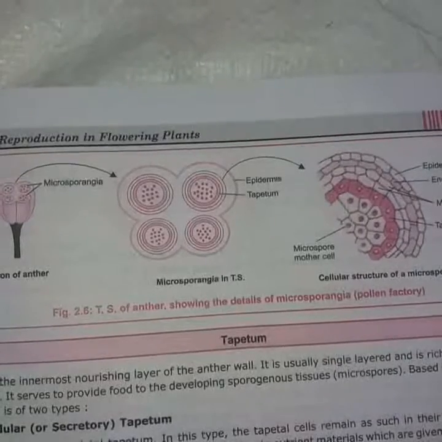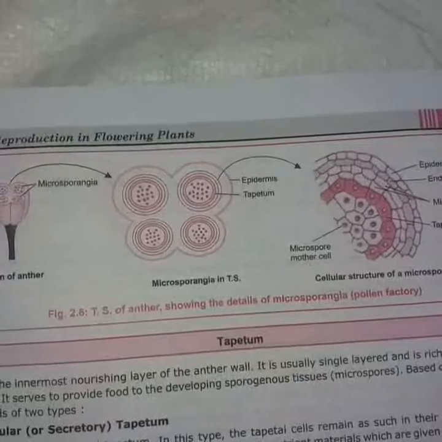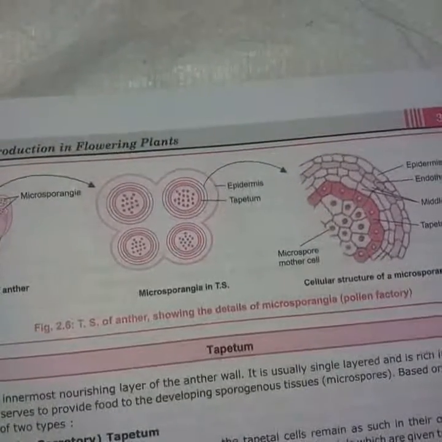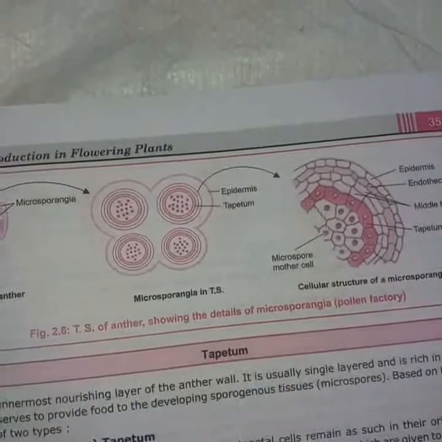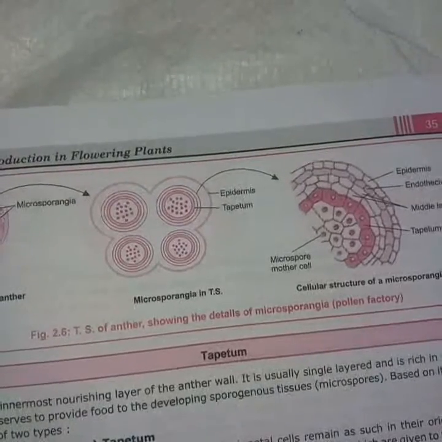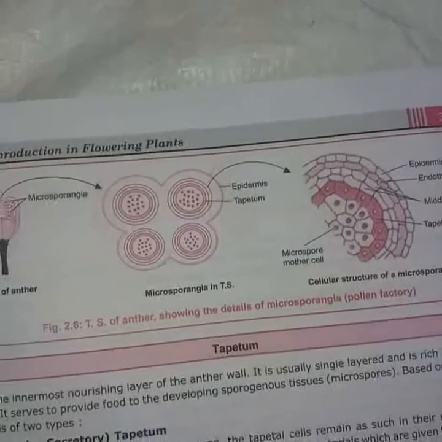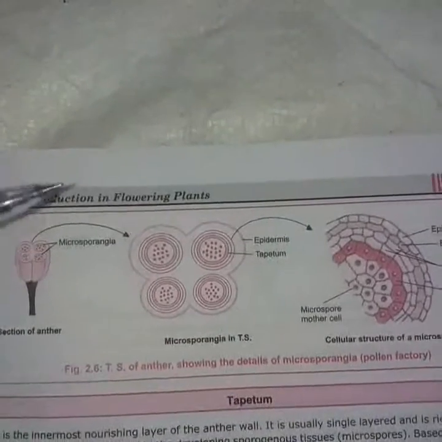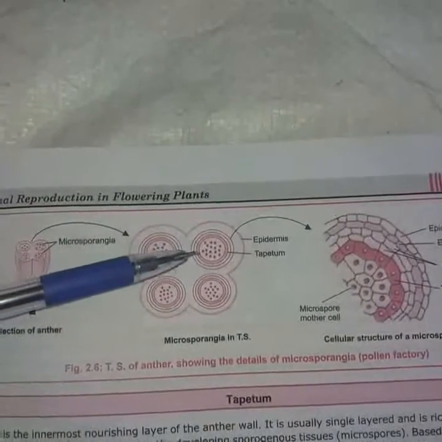The development of the microsporangium is of the eusporangiate type, meaning it develops from a group of initial cells. This is the group of microsporangia.